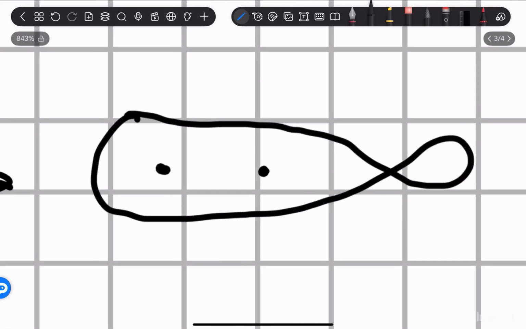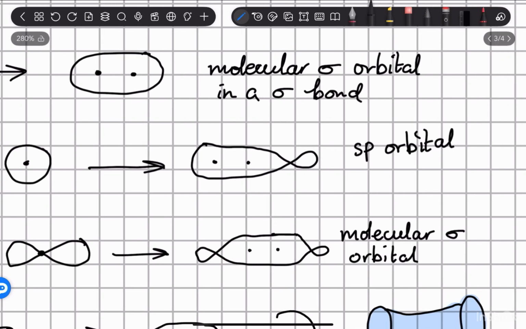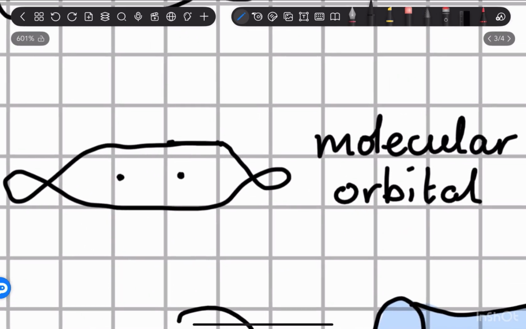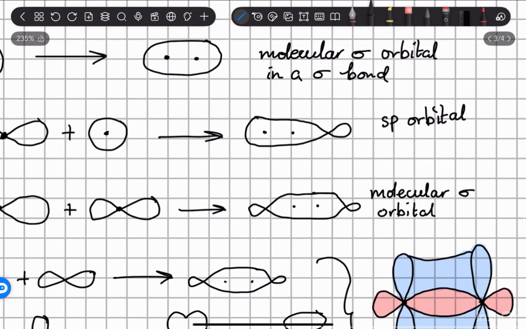In fact, all we need to do over here is just add the fins, and we have our blue whale. Ta-da! But we're not gonna do that. The molecular sigma orbital I associated with a toffee that also has two eyes. All of them have two eyes basically, but this does look like a toffee. It looks so much like a toffee.